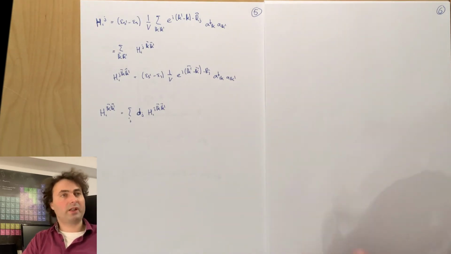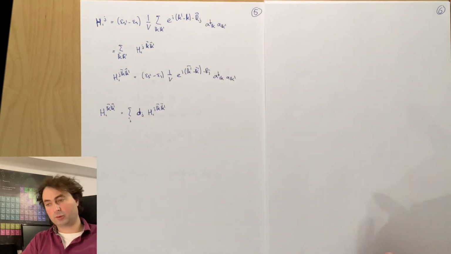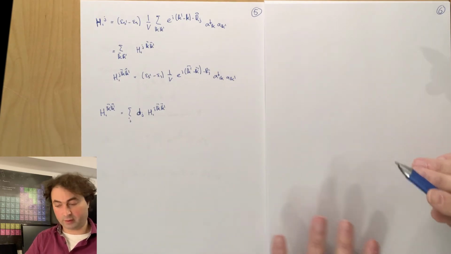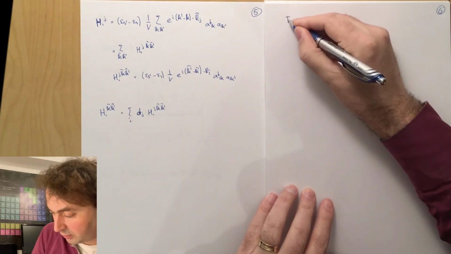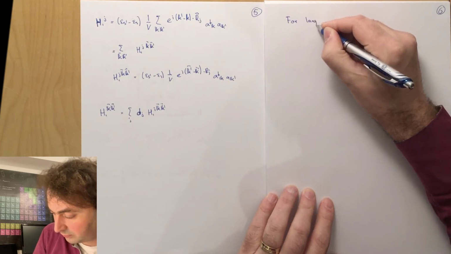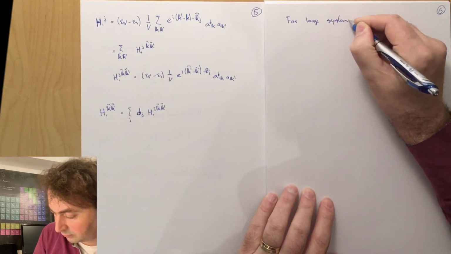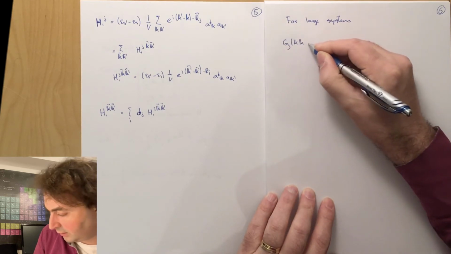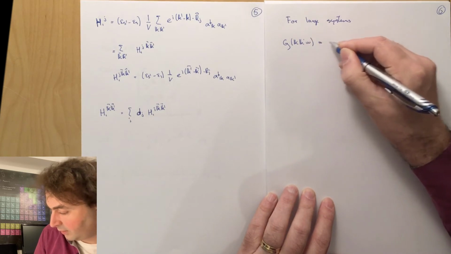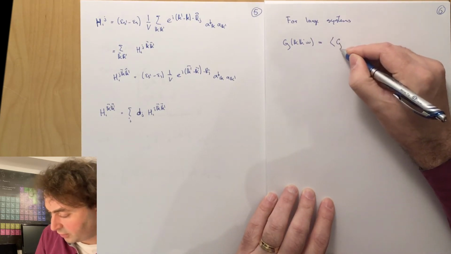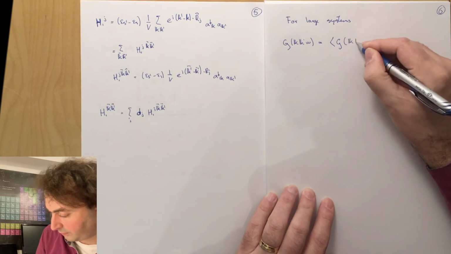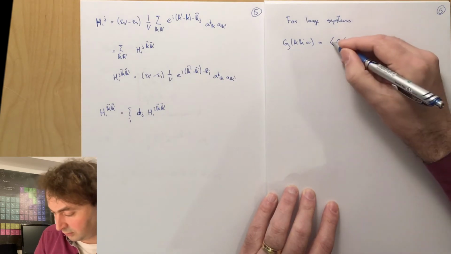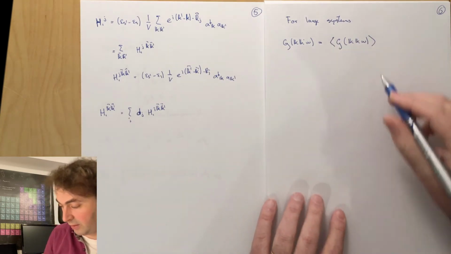If you look in momentum space, you're averaging by a Fourier transform over all these different possible random distributions. And what I want to show you is that for large systems, we find that the Green's function in k-space is equal to the average over all possible distributions of random orientations of the impurities.